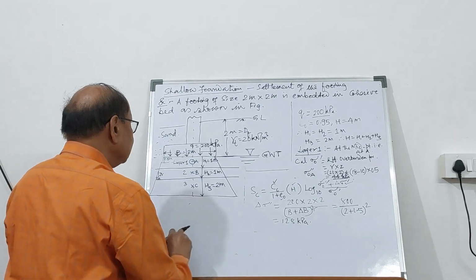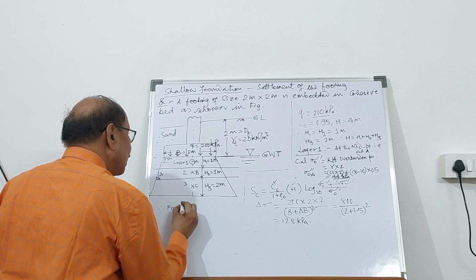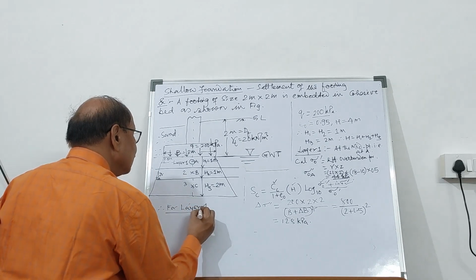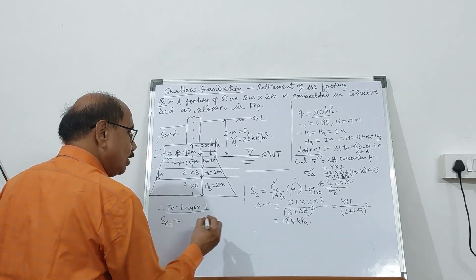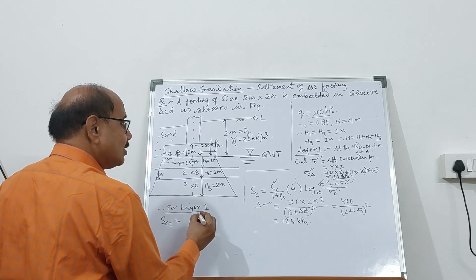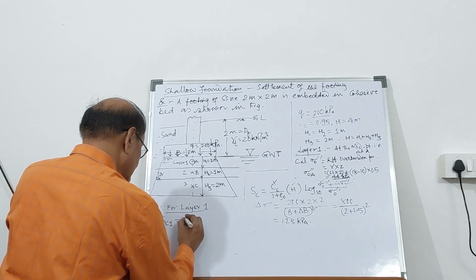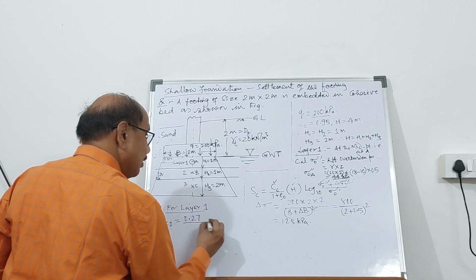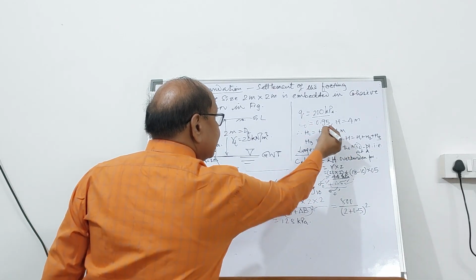For layer 1, the consolidation settlement SC1 is going to be CC, which was 0.27, divided by 1.95.